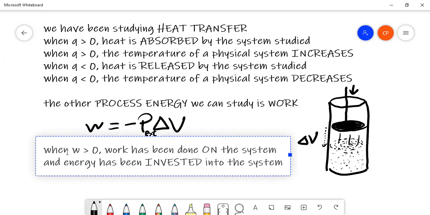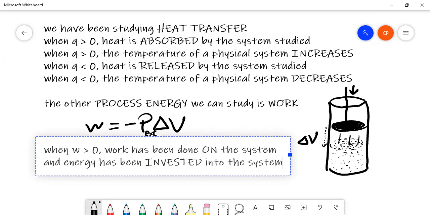Positive work is work done on the system. By this example, by doing work on the system, by pressing down on this plunger, I've made the molecules inside that system more excited.